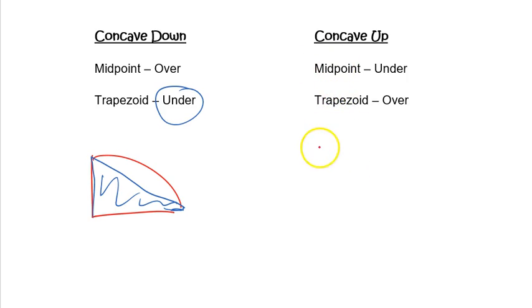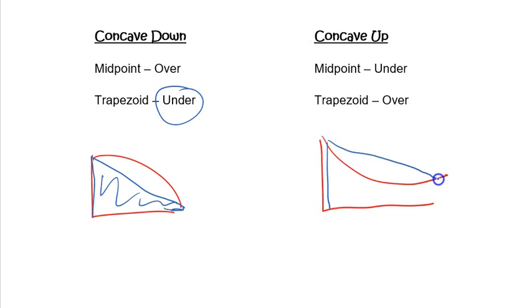Whether I'm doing midpoint or trapezoid, I visually do a trapezoid in my head. And so if I do a large trapezoid, I realize it would go over if I was connecting them, and a midpoint would be under if I were doing a midpoint concave up. But I check it in my head thinking about what a big old trapezoid would do, because I can see that better than I can see what's happening with the midpoint in my head. Or you can just memorize this.